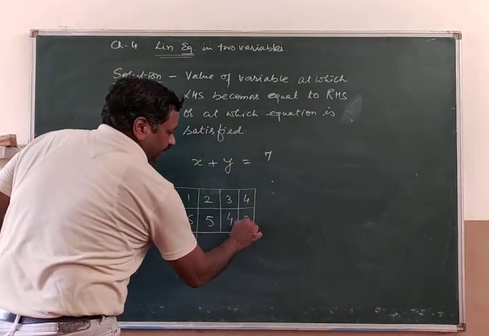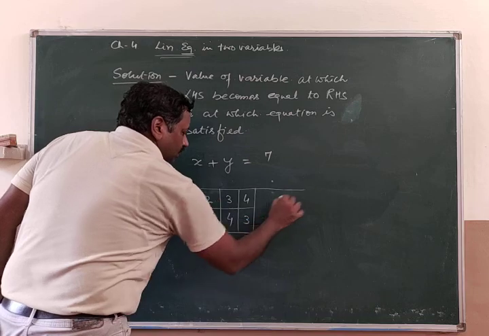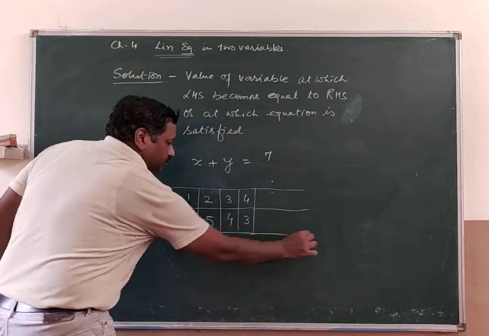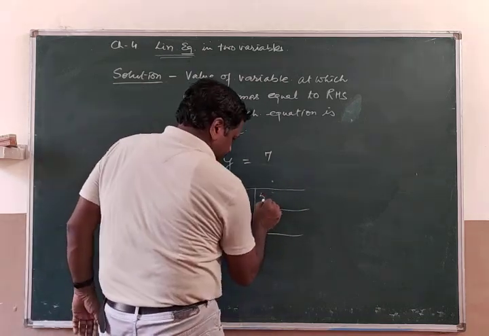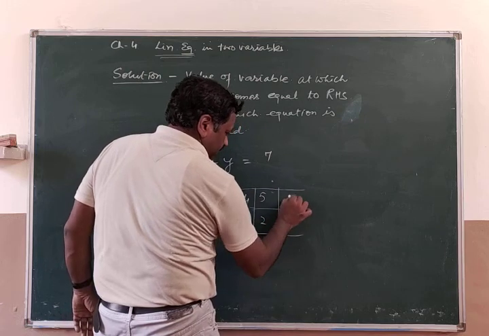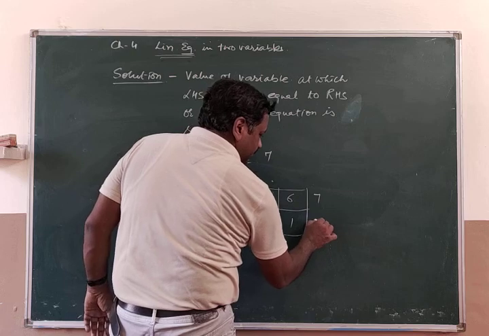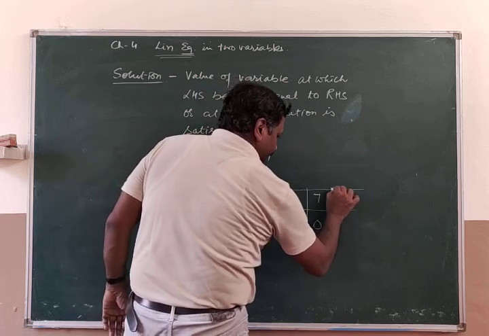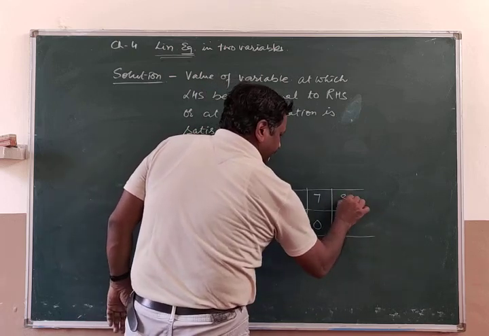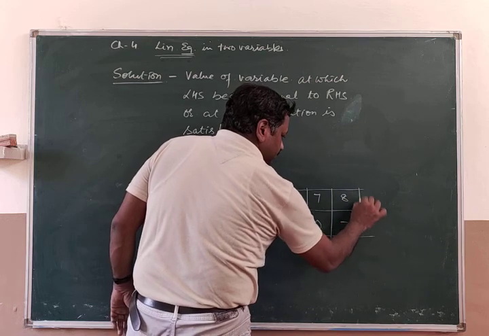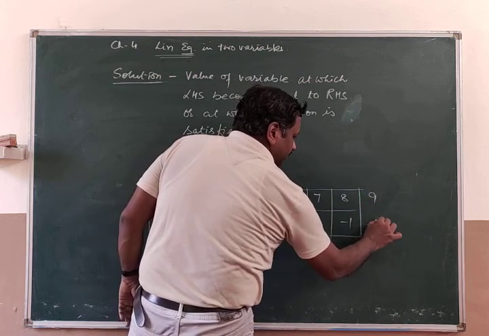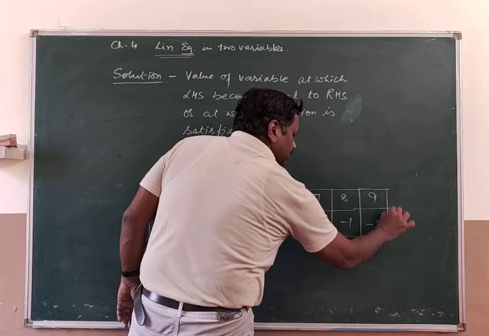4, 3. 5, 2. 6, 1. 7, 0. 8, minus 1. 9, minus 2, and so on.